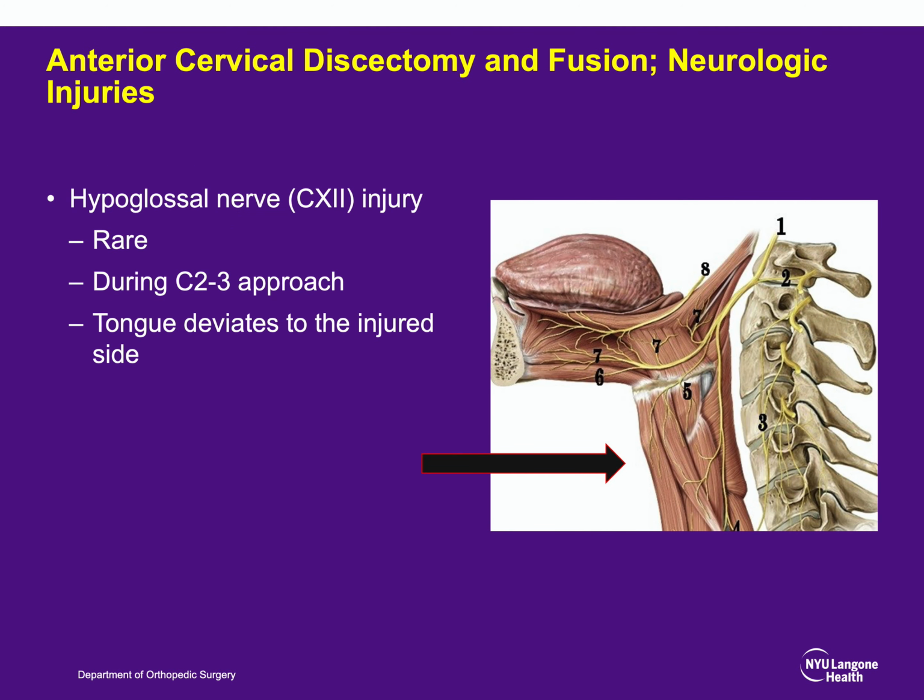Hypoglossal nerve is anterior to the C2-3 disc space, so that is at risk when you're doing upper cervical ACDF. And the way you would diagnose the injury to the hypoglossal nerve is that the tongue deviates to the injured side of the nerve.